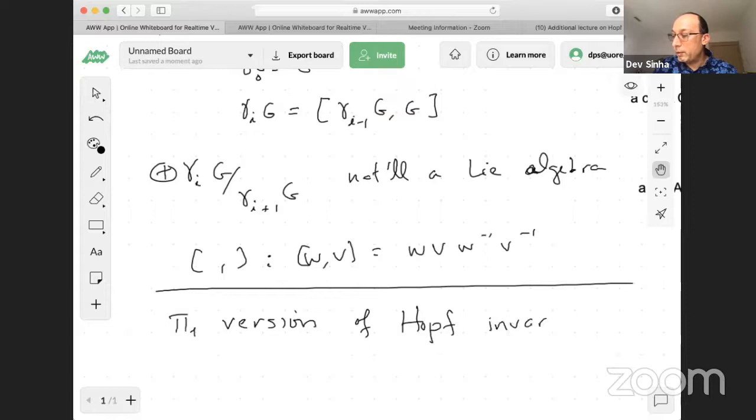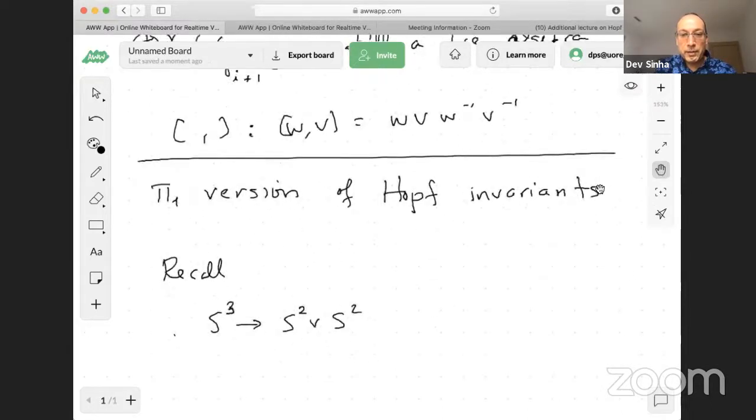In fact, I had hoped to be done in time for them to be contiguous with the discussions of Hopf invariants, but that was a little bit more than we could pull off. So let's recall the first example. I'll be very quick. If you're watching this recorded, you can then go back to the Hopf invariants if you need.